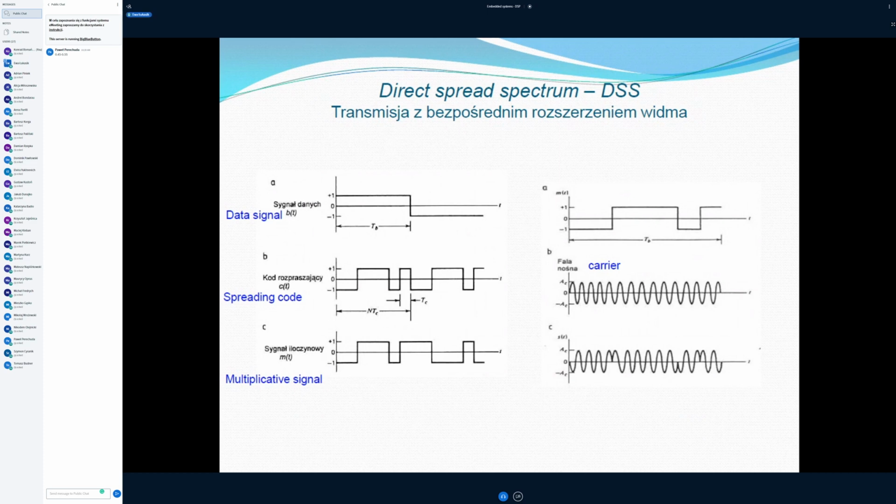And if you multiply this and send it, it may have the character of a noisy sequence. Of course, it is not so obvious when this spreading code is very short.